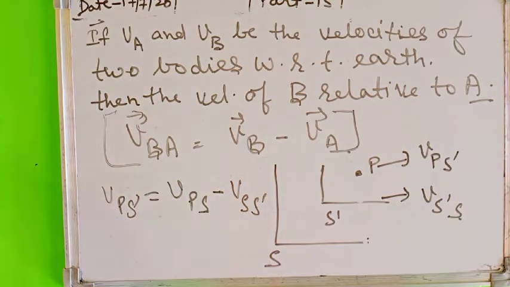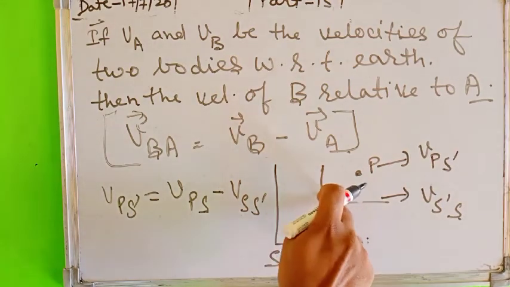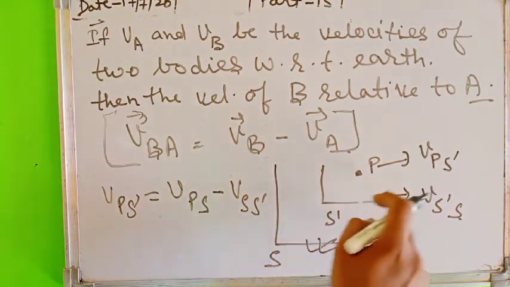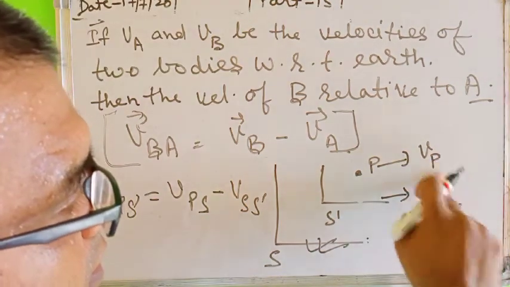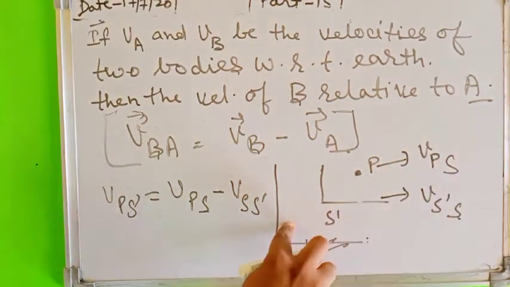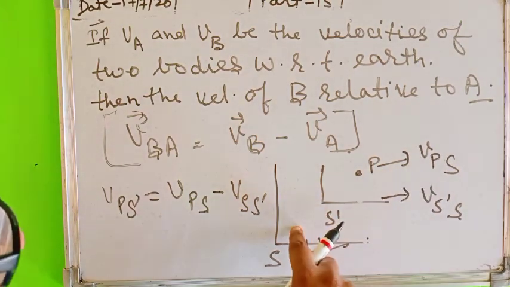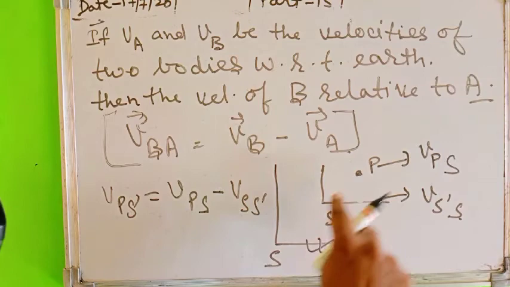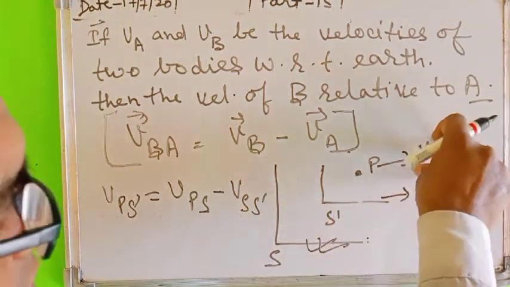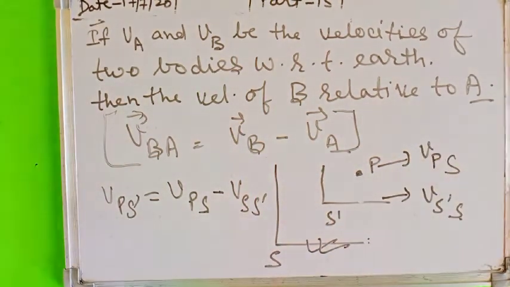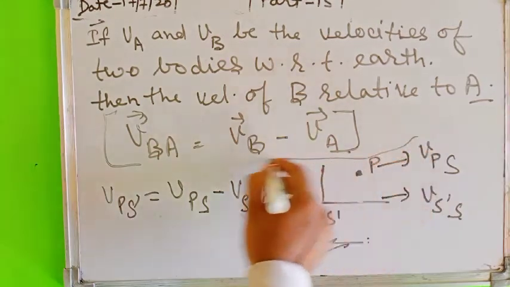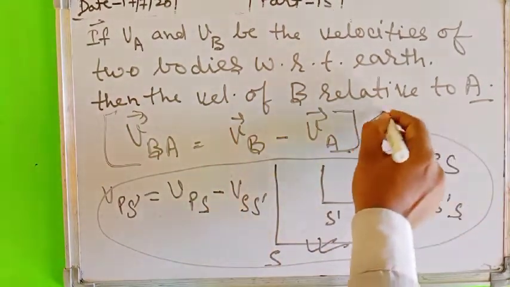Means S dash is also moving with respect to the common frame, and P is also moving with respect to this common frame. Then the velocity of this with respect to this is the velocity of this minus velocity of this. This is the concept of relative velocity, and on the basis of this concept we had deduced this relation.